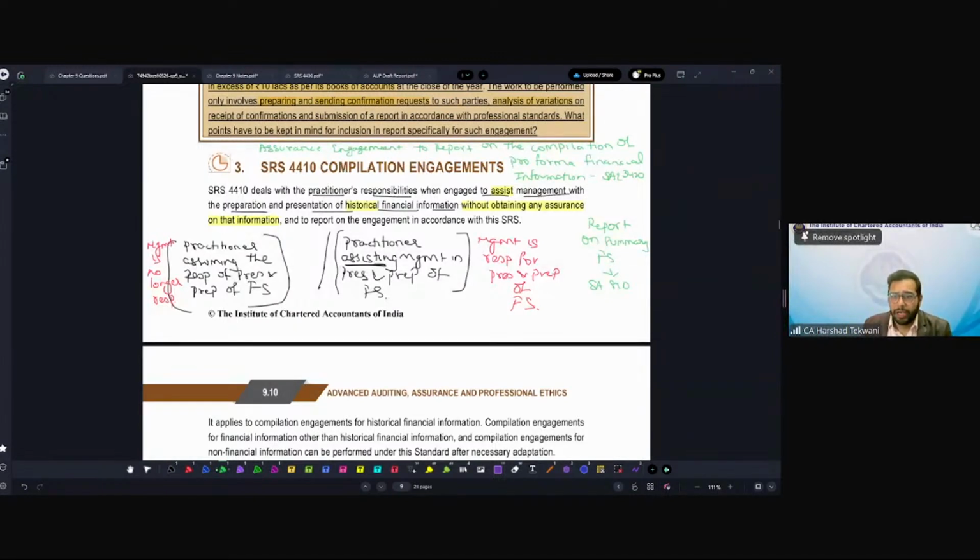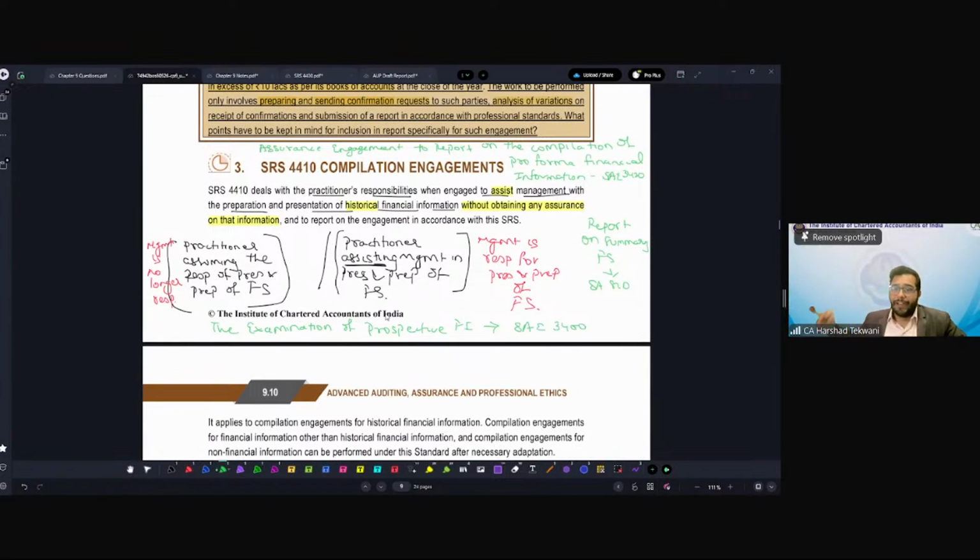If we talk about a different kind of financial information, prospective, future based, then the examination of prospective FS or financial information is covered by SAE 3400.